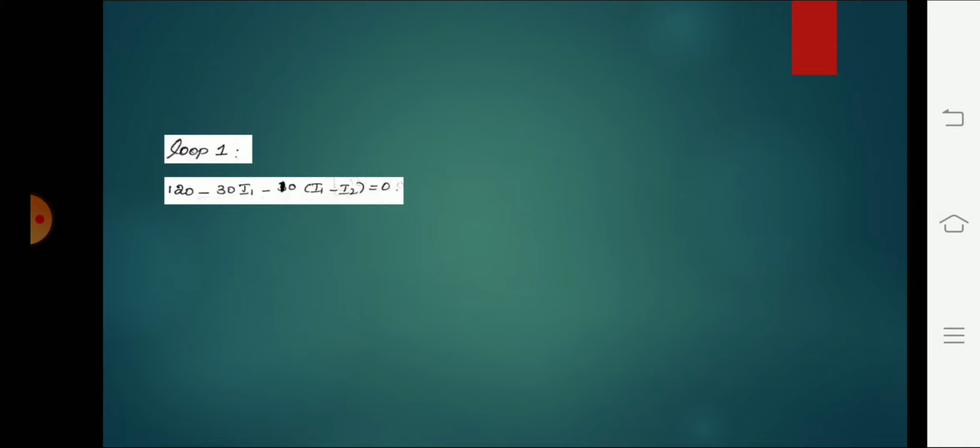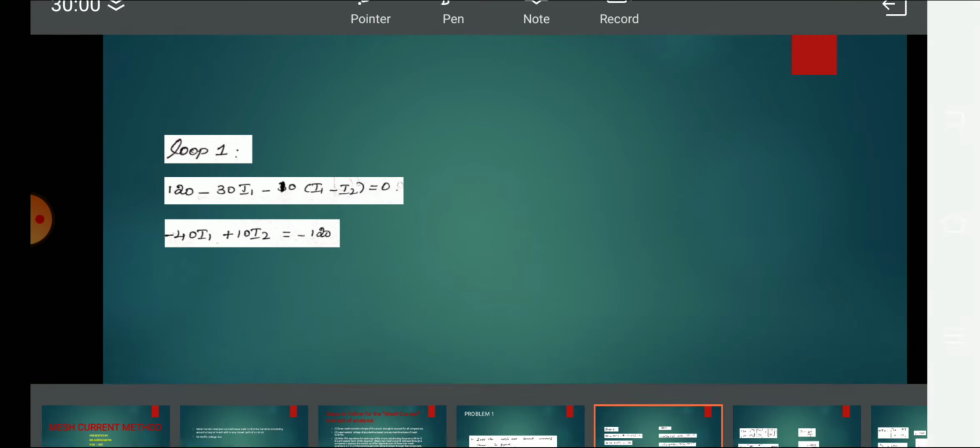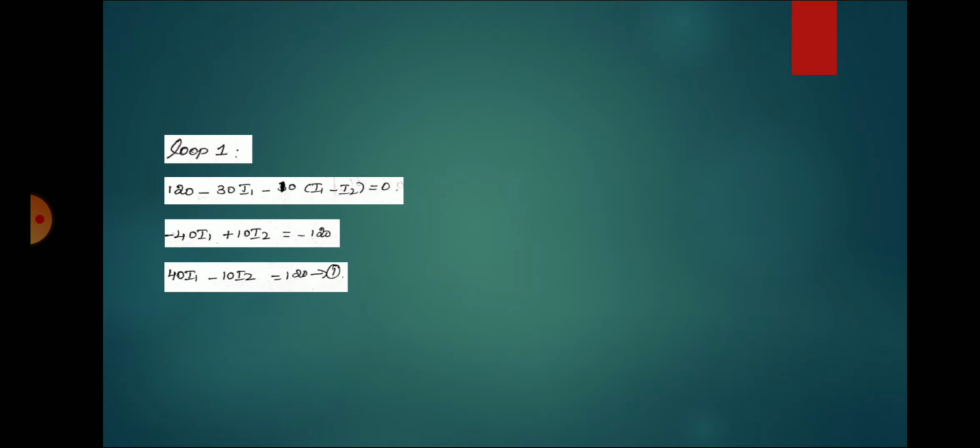The current flowing through the 10 ohm resistor flows from positive to negative, so we put the minus symbol and 10 (I1 minus I2), since the 10 ohm is common to both loop 1 and loop 2. We solve the equation and get the first equation: 40 I1 minus 10 I2 equals 120.